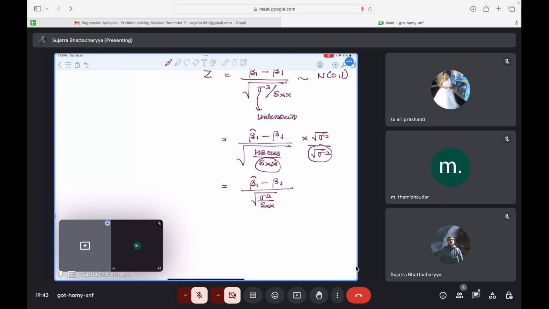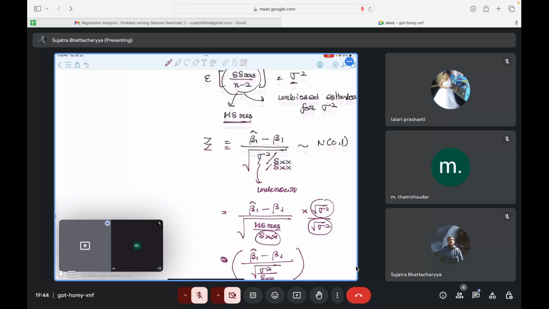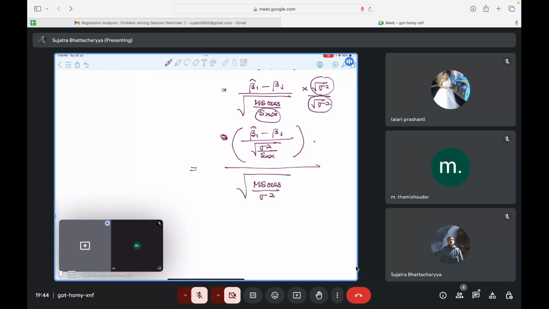Can I write this? Yes. This divided by root over MS residual, and this root sigma square will come in the denominator. That's all. This is what I'm trying to show. Now this is nothing but normal 0, 1.